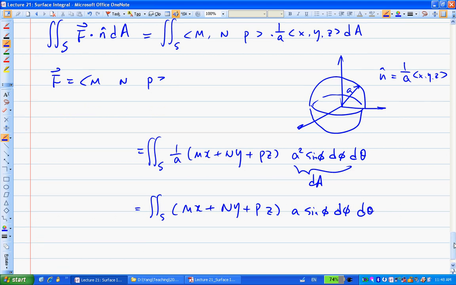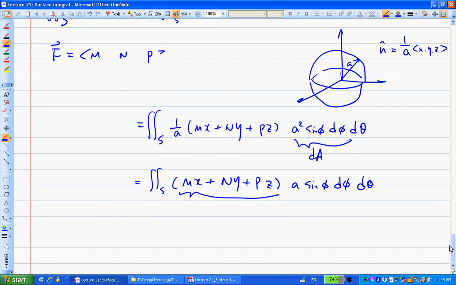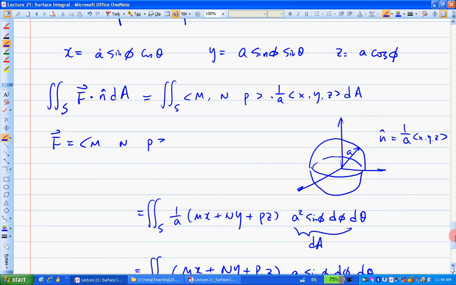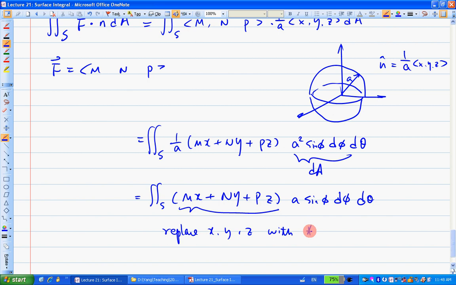Okay, so how do I deal with this term here? Replace x, y, z with those equations started here, with those stars. That's what you do.